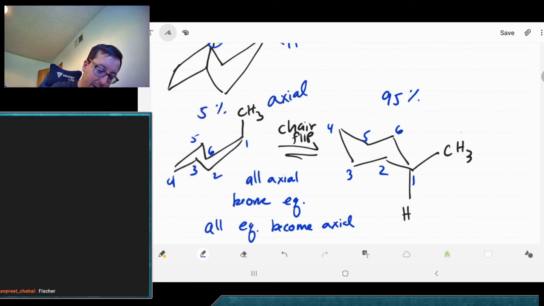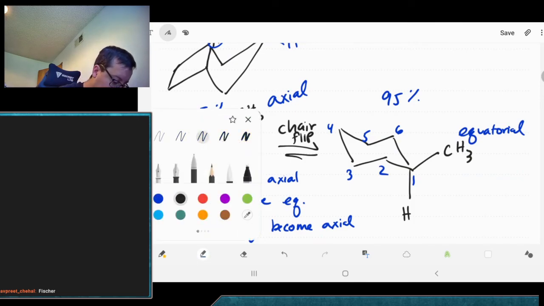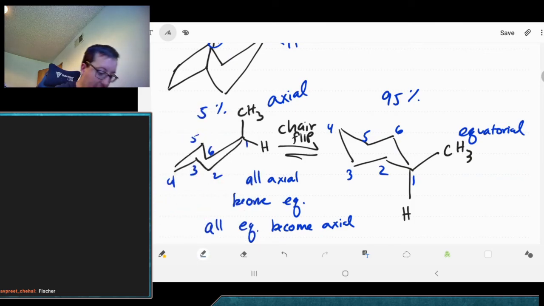In this case, pointing up is equatorial. The axial one's pointing straight down. The equatorial one's always at an angle. In this case, the equatorial one's pointing down here at an angle. In the right case, the equatorial one is pointing up at an angle. Our axial things are straight up and down. So that's kind of the key here.